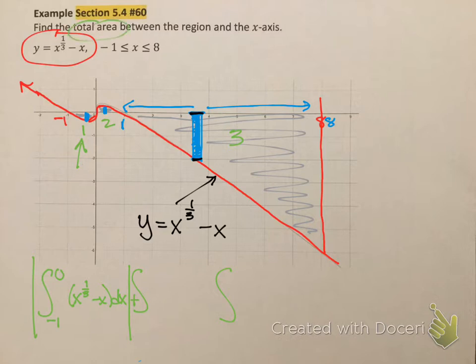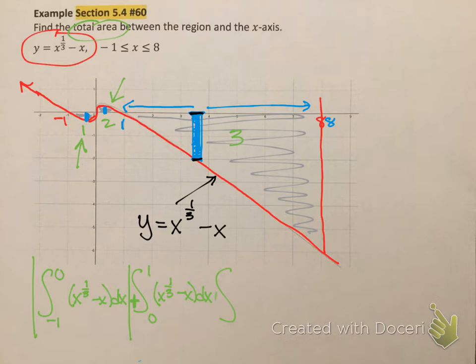And to find this total area, I would then add that to this integral right here, which would be the same thing, x to the 1/3 minus x dx, but doesn't need any absolute value bars. And that one goes from 0 to 1 for its boundaries.